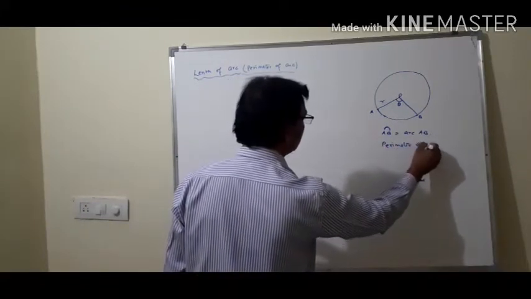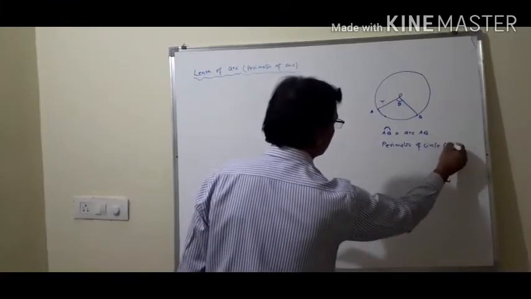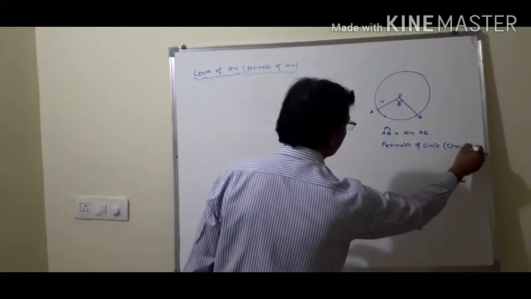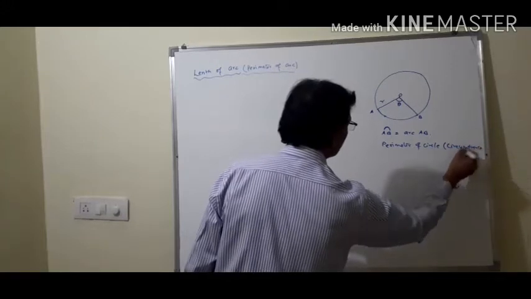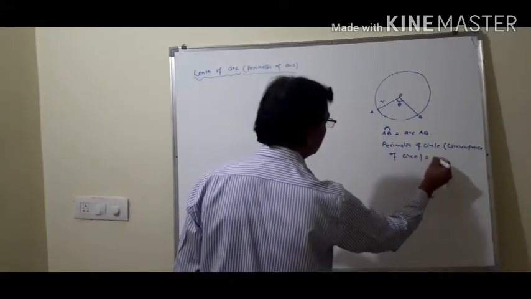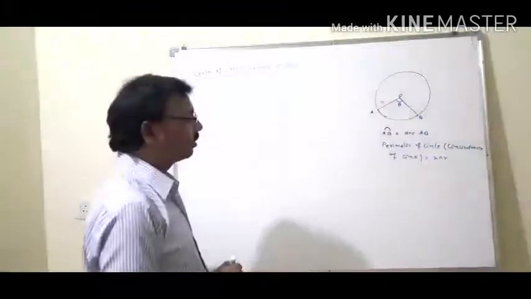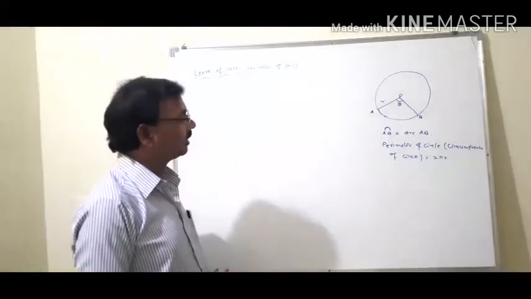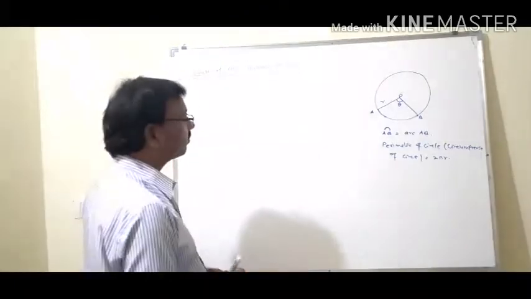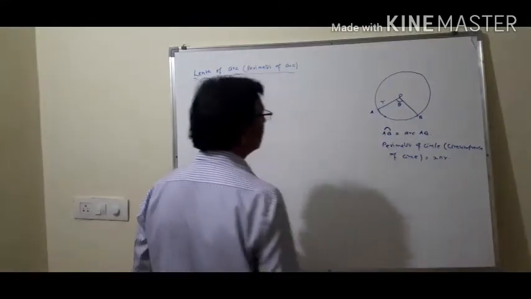Perimeter of circle or circumference of circle is equal to 2 pi r, where pi is equal to 22/7 and r is the radius of the circle.